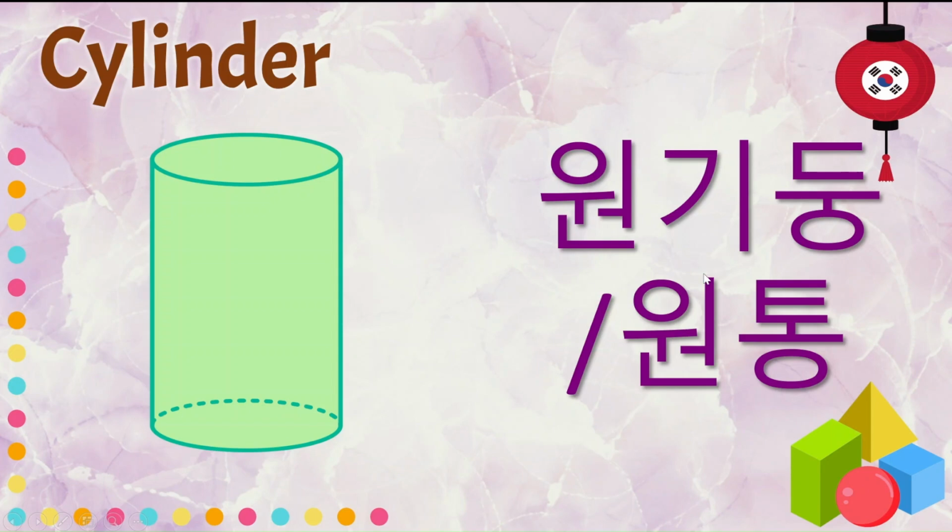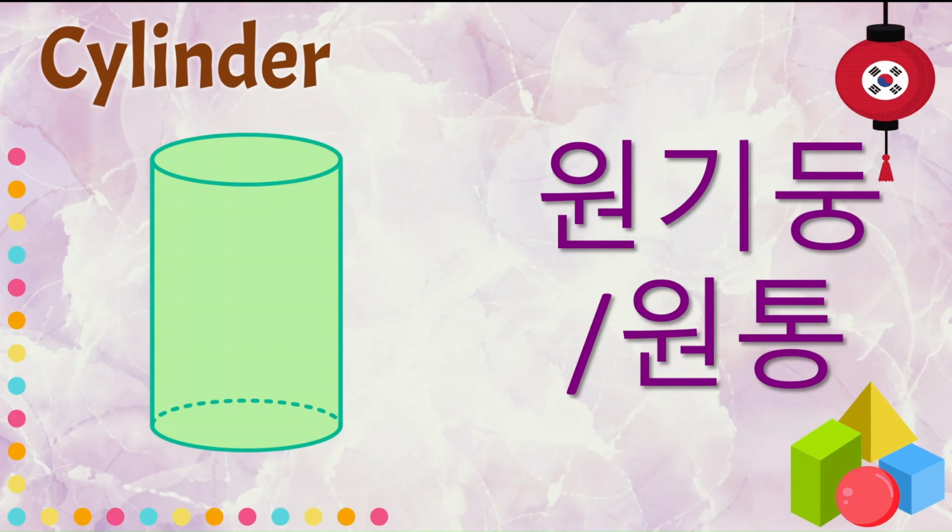And 기둥 is the Korean word for pillar. So, a circular pillar is what? A cylinder, right? Cylinder is a circular pillar. It has its base circular, and then it is a formation of a pillar. So 원기둥 is a circular pillar, cylinder.